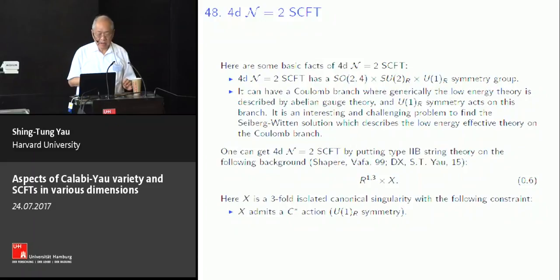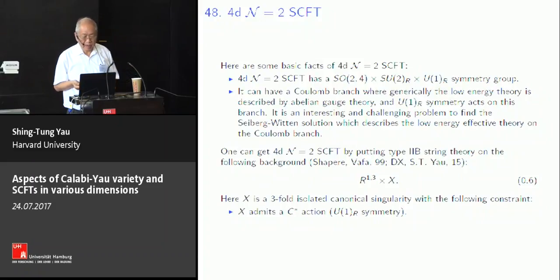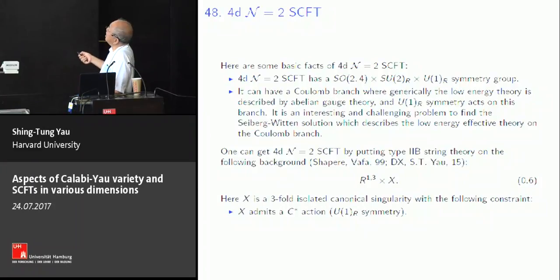So this is the basic fact about N=2 superconformal field theory. In 4D, it has an SO(2,4) × SU(2) × U(1) symmetry group. And so it also has the Coulomb branch, which satisfies all these properties.